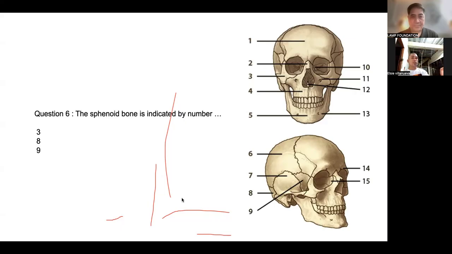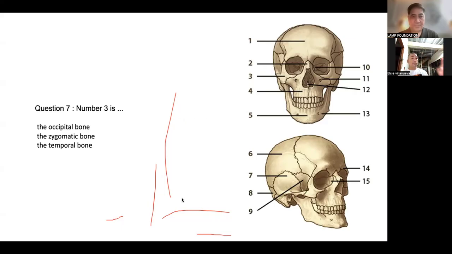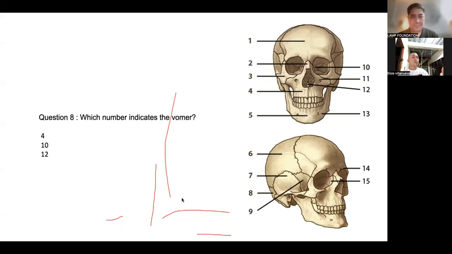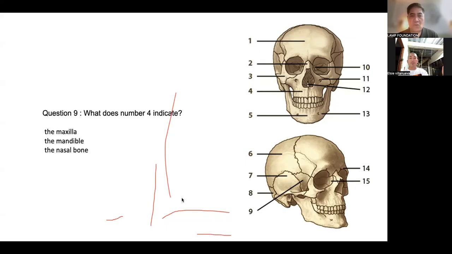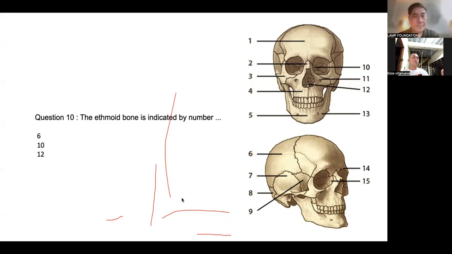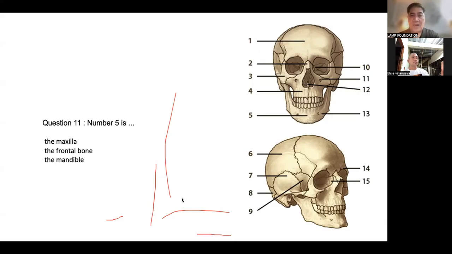Sphenoid is number 9. 3, the zygomatic bone. Vomer. Number 12. 4, maxilla. Ethmoid bone. Number 10. 5, the mandible.